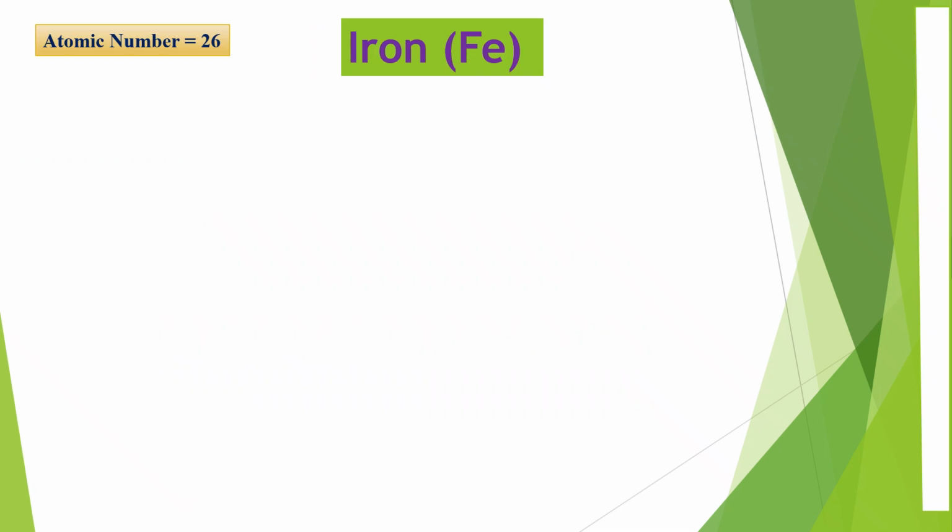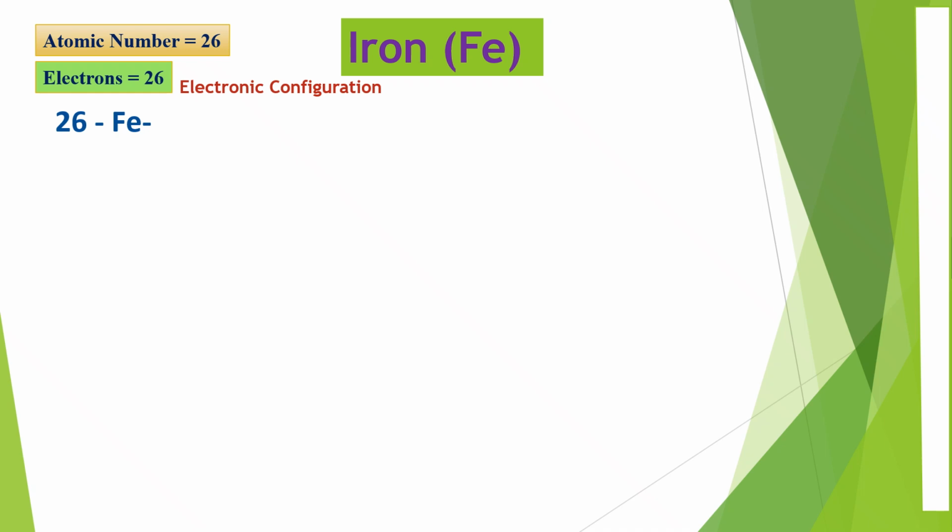Here iron atomic number is 26. Naturally atomic number equals the number of electrons, means it contains 26 electrons. So what is electronic configuration? Now we would like to write the electronic configuration.